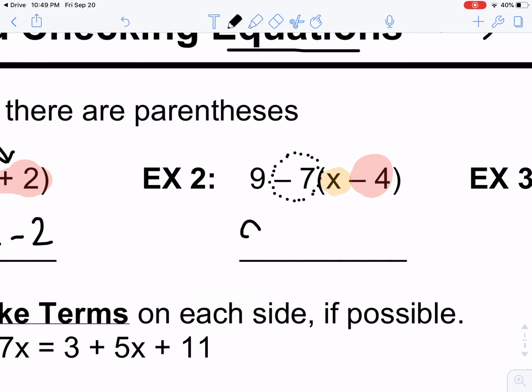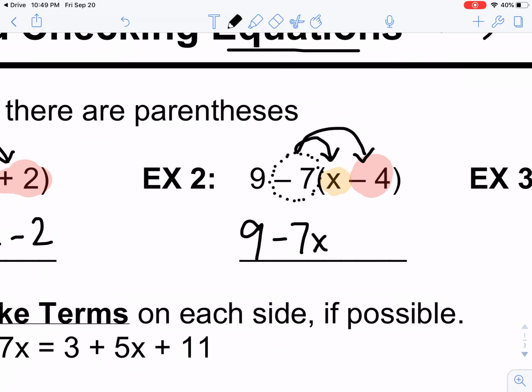So we're going to keep the 9, and this negative 7 is going to be multiplied by both x and negative 4. So here, negative 7 times x is negative 7x. Negative 7 times negative 4.